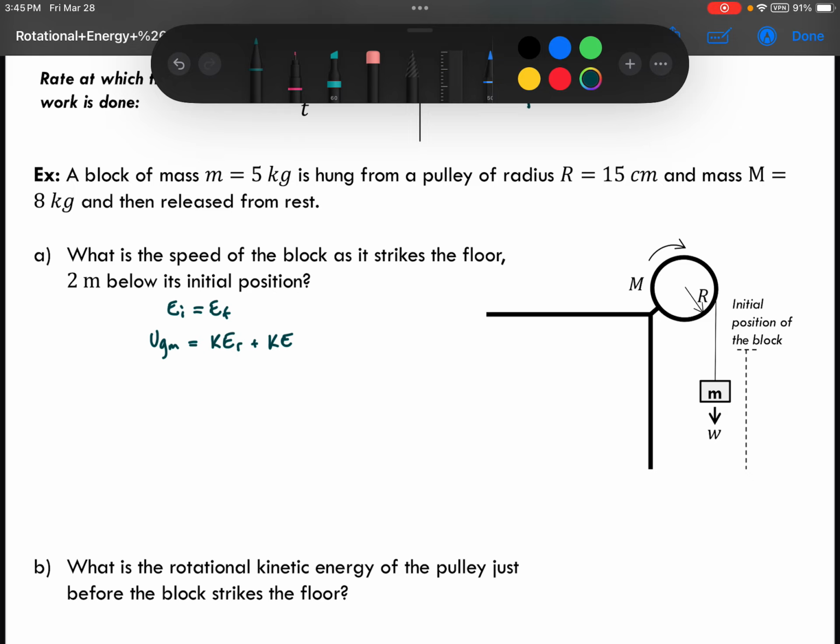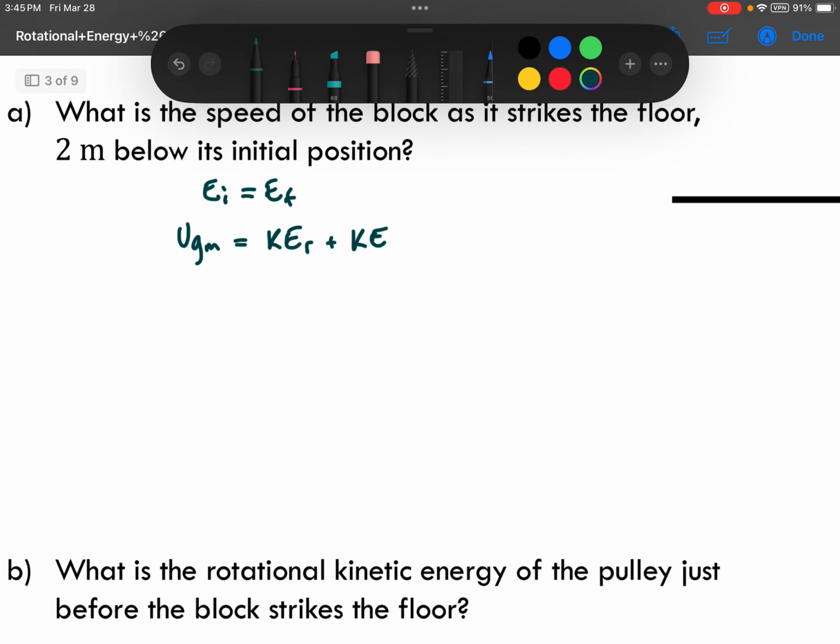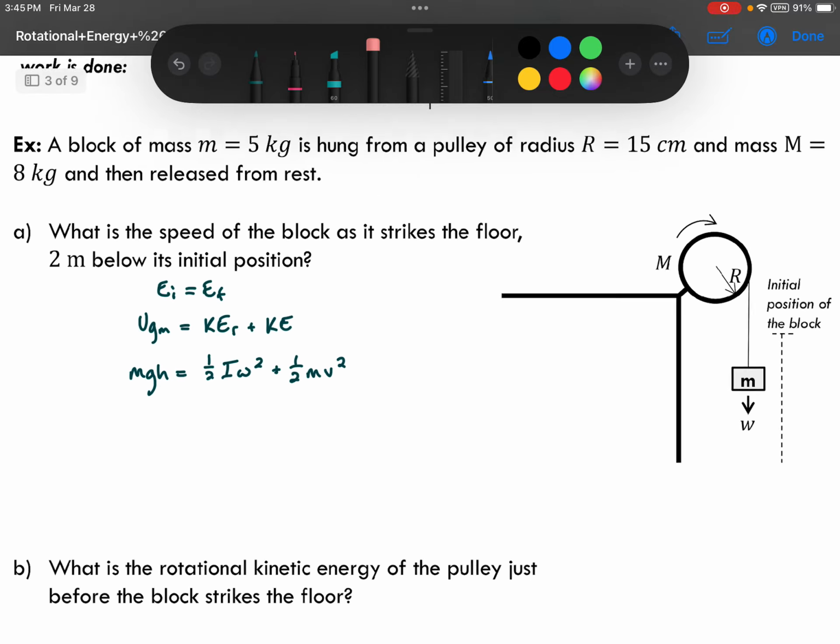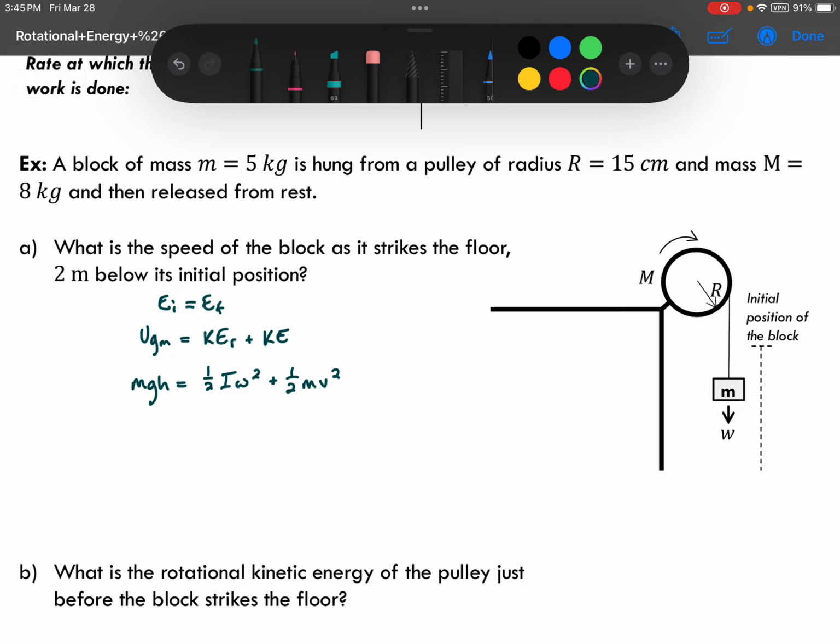And so we can go ahead and put in our expressions. So mgh equals 1/2 I omega squared plus 1/2 mv squared. Now again, we're dealing with a solid disk, so we're going to be able to use that our rotational inertia is 1/2 mr squared.